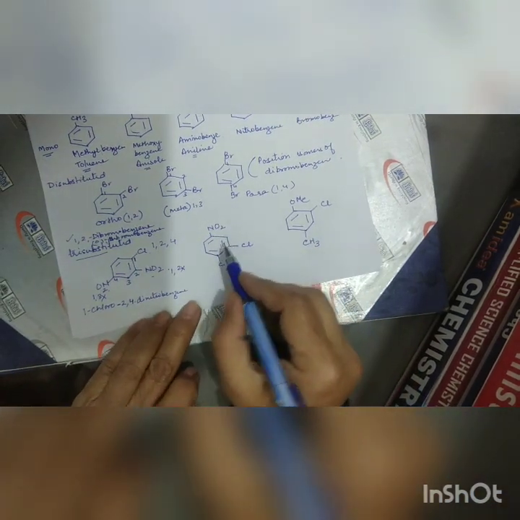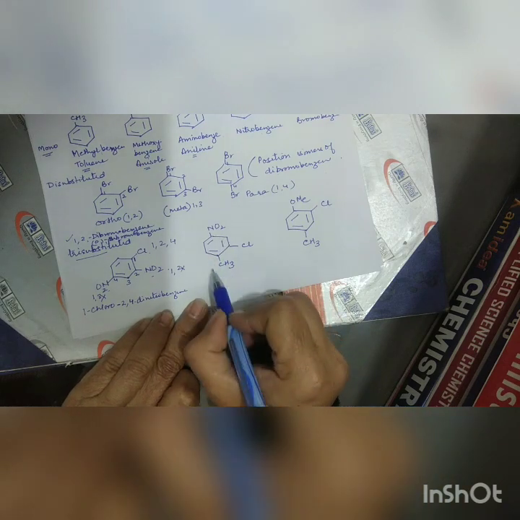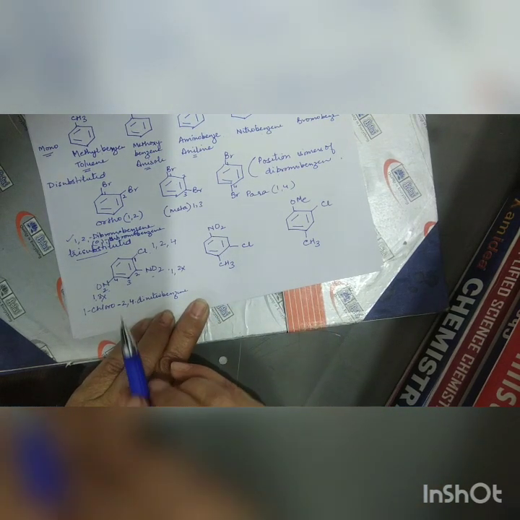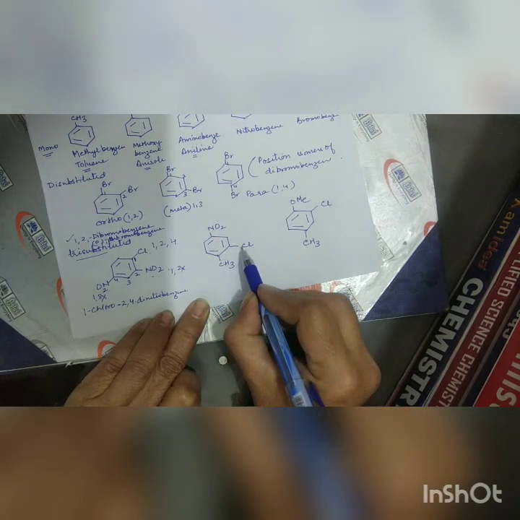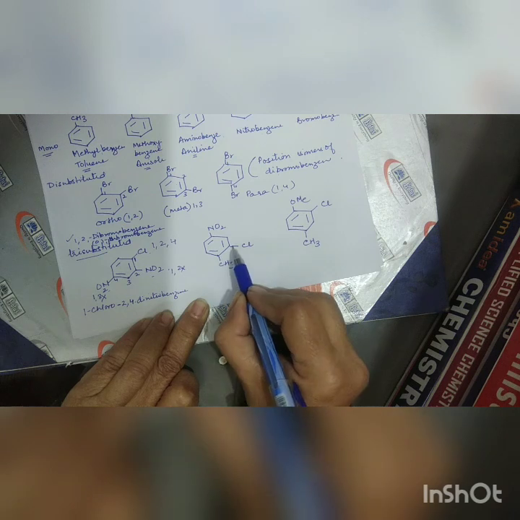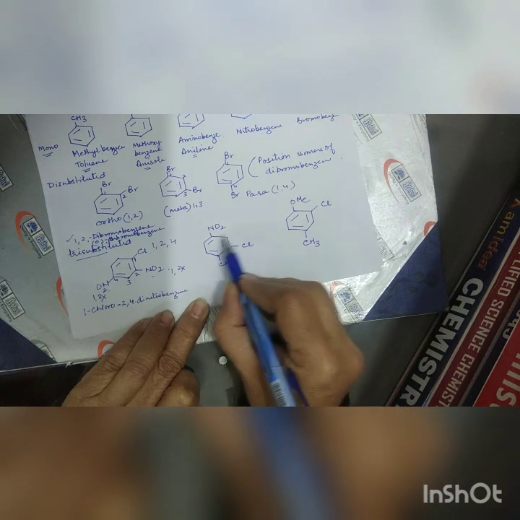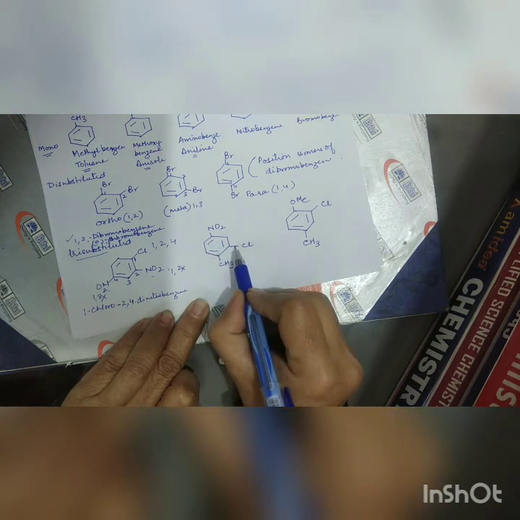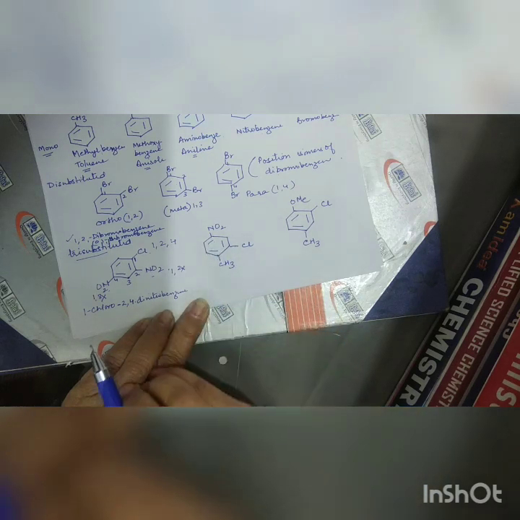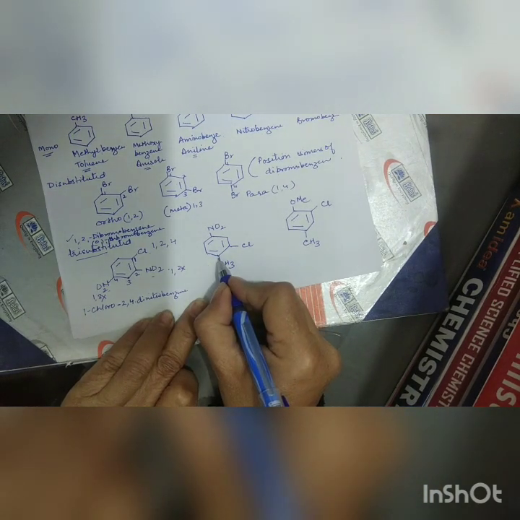Let us go for this one. Here, naturally this cannot be one position because the second position comes here. Out of this and this, if I decide, from this side it is 1, 2, 3, 4. If I start from here, 1, 2, 3, 4, 5. So now the first position will be given to this.